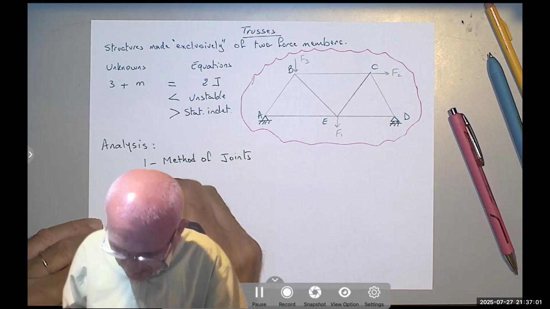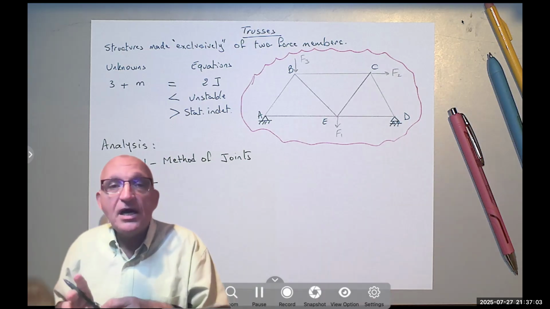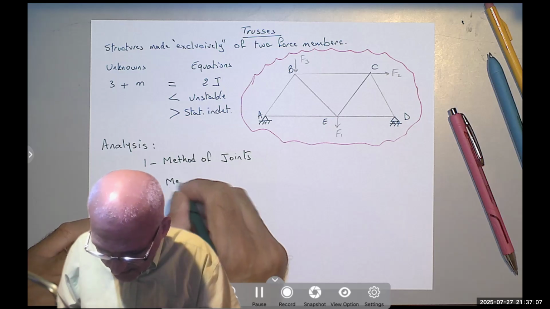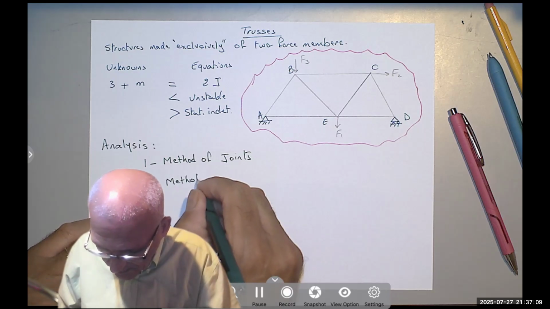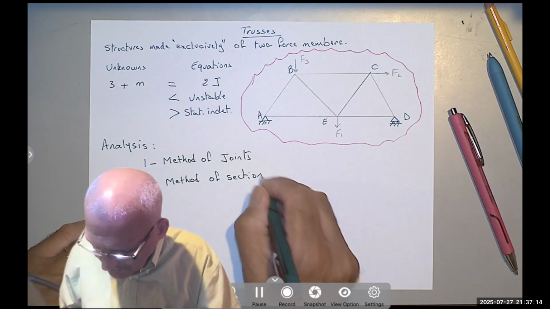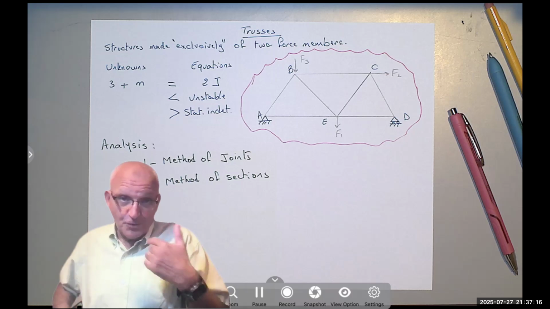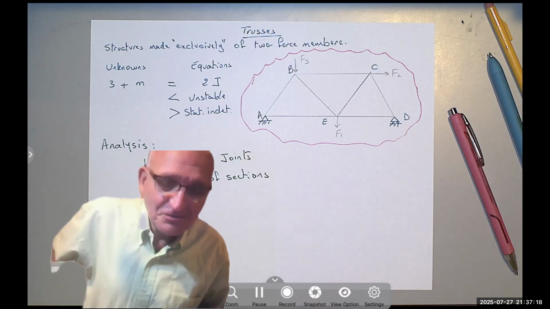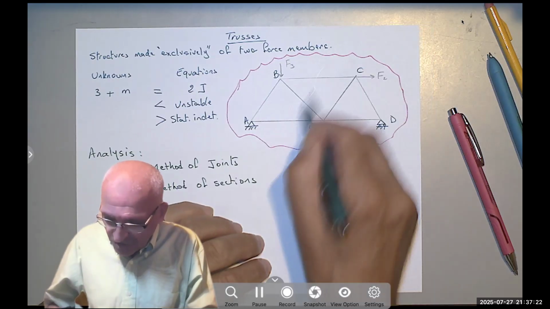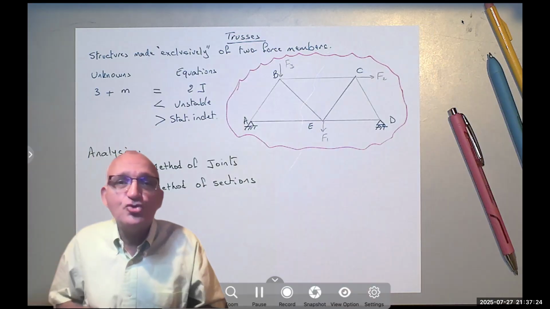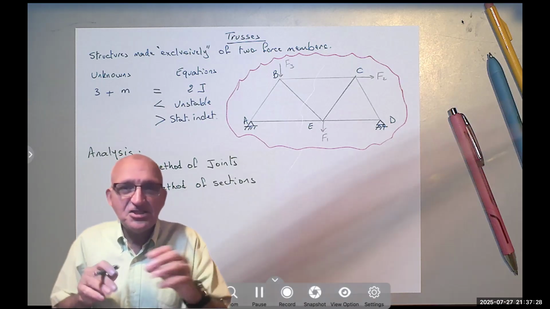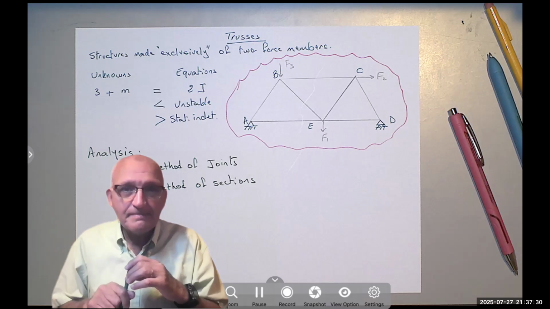And the next one, probably I will take that tomorrow, is another method called the method of sections. So what's the difference? The way I look at it, there is no difference. The only difference is that in the method of sections, I cut the truss and separate it into two pieces, and by doing that, I can analyze each piece separately.